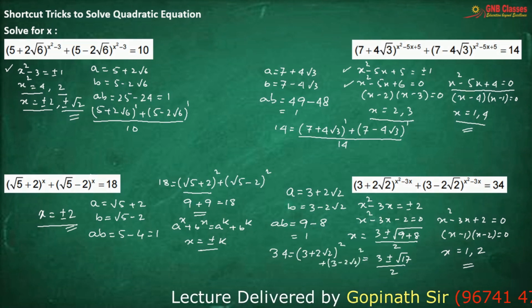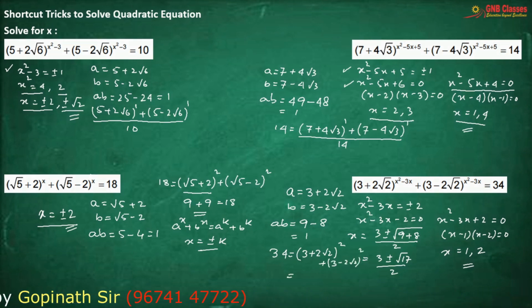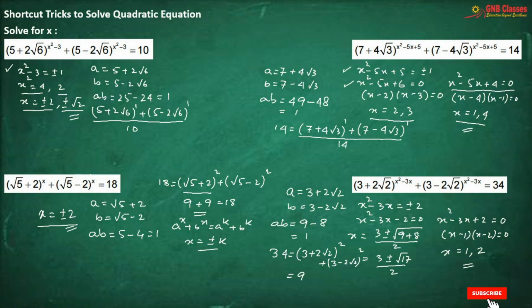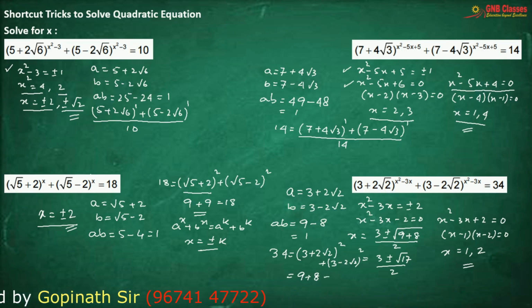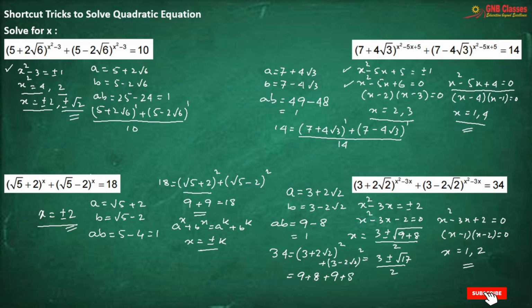Yes or no? So from the first bracket we are going to get a square plus b square as 9 plus 8. And 2ab will get nullified with the second bracket's minus 2ab, so I am not writing it. From the second bracket again you are going to get a square plus b square, that is 9 plus 8, which gives you 34. Yes or no? So again this condition is satisfied.